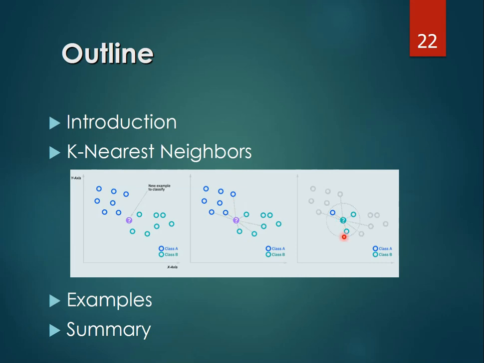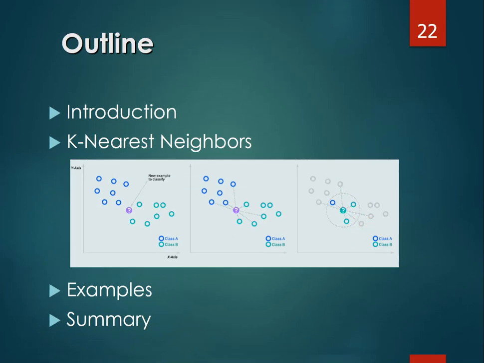Based on the number of neighbors, we find how many class labels point to class A and how many point to class B. In this case, we have 2 class B and 1 class A. We have k equals 3 here. So the class label for the new tuple is going to be class B.